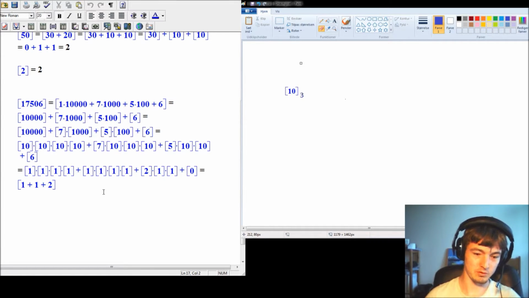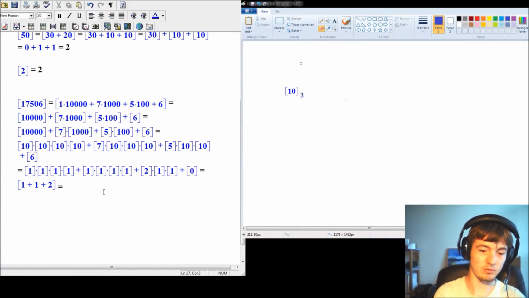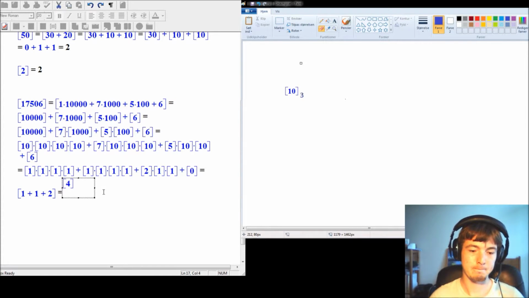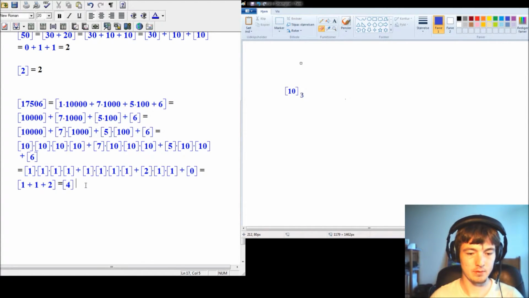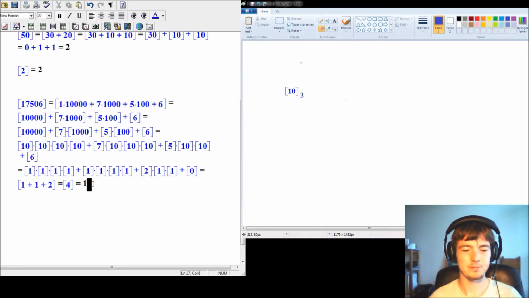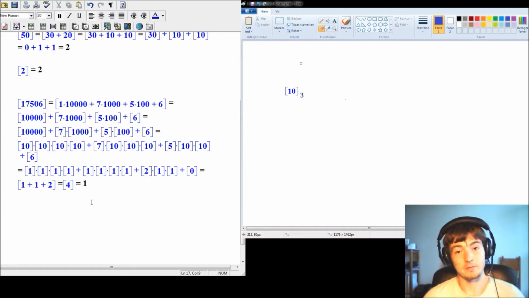I've pretty much stated that. So this is the same as 4 modulo 3, brackets around 4. And this is the same as 1 modulo 3. Well, 4 modulo 3 is 1.